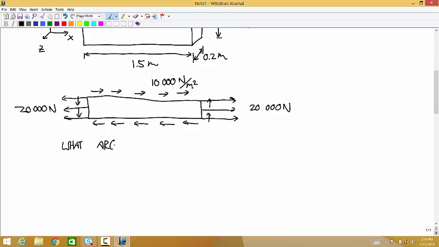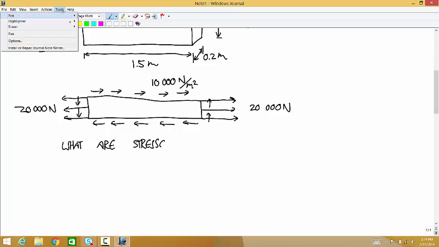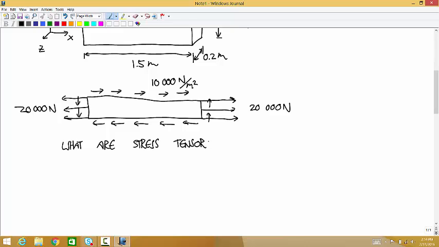So what are the stresses, the stress tensors, for points in this bar?